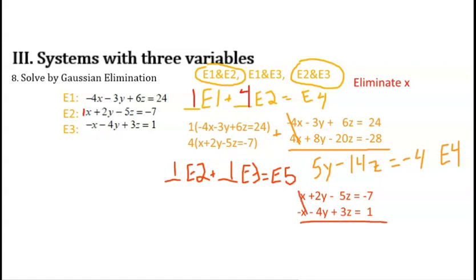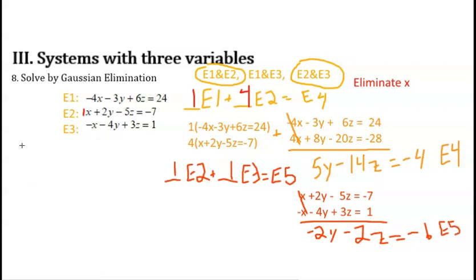So this cancels, that's eliminated. We have negative 2y minus 2z equals negative 6. And that is our E5.